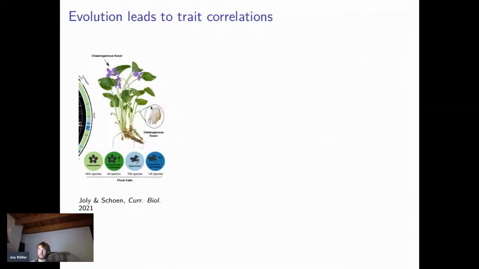So there are no insects coming in. The plant does it itself, and it doesn't even bother to open its flower. And they found that this way of self-fertilization happened more often in plants that had zygomorphic flowers, like in this violet.